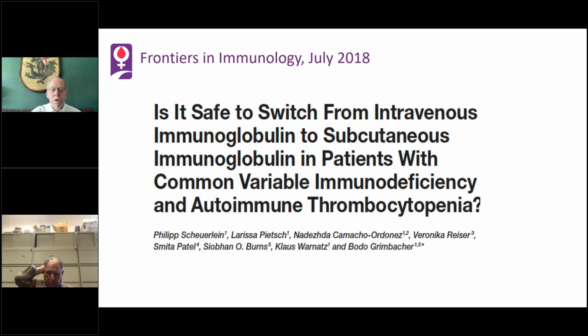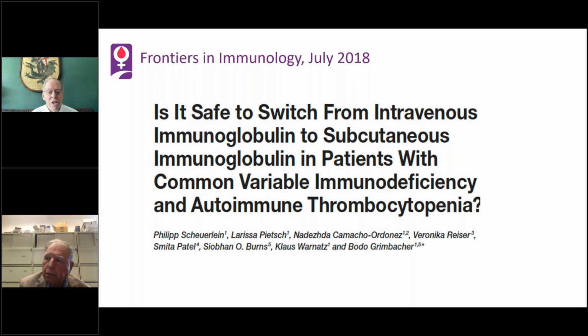Now, there are many possibilities as to why that could have happened. I wondered, is it the route? Because with IVIG, it's been thought that maybe you need to get to a peak count, and you know that the peak level matters. It's not just the area under the curve.